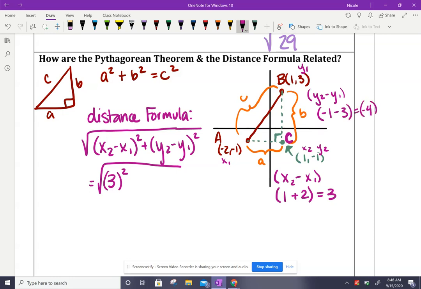But remember, side lengths are never negative in reality. The value right now says -4, but if I was just counting this in steps on a number line, it would just be 4. There was a length of 4 between the two. So I'm going to plug this into my distance formula and square it. And we have 3 squared is 9, plus negative 4 squared gives us 16. A negative squared becomes positive, and that gives us root 25, which we know the square root of 25 is 5.